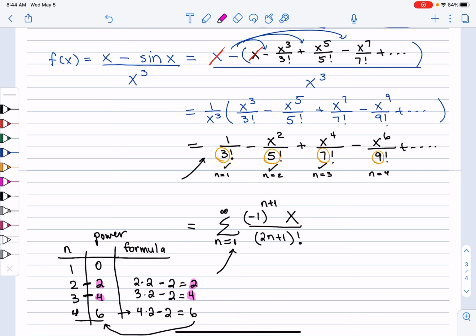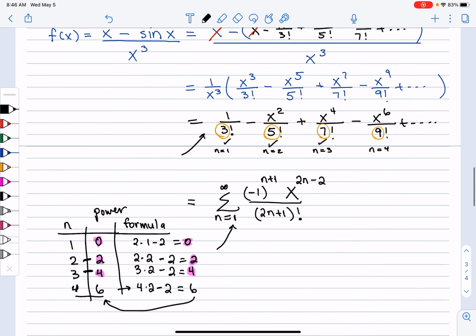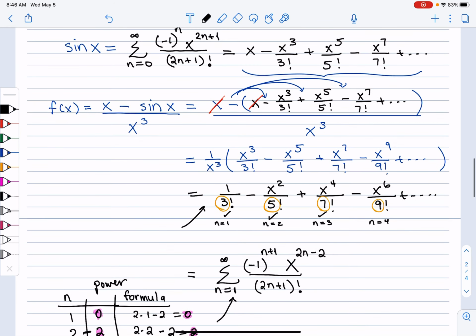That gives you the same power. And then you have 2 times 1 minus 2, which is 0. And one more time, that gives you the same power. So we can think of the power of x as being 2n minus 2. And this right here is your function f of x when x is not equal to 0.